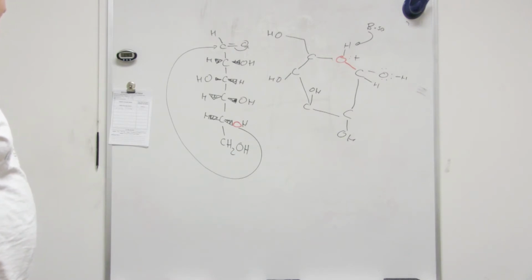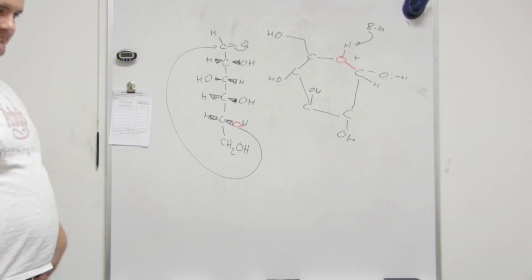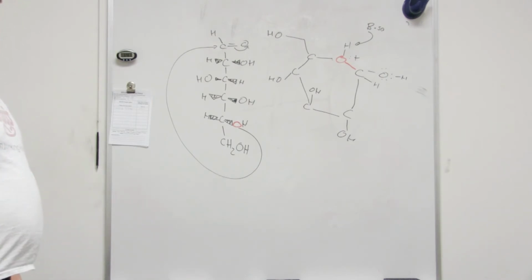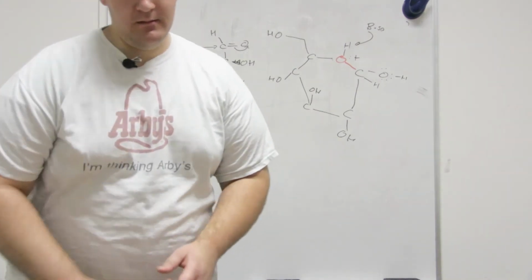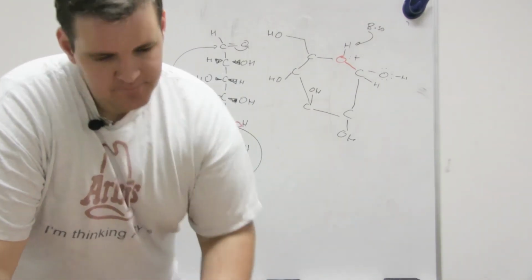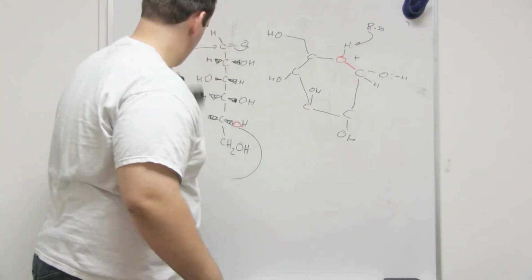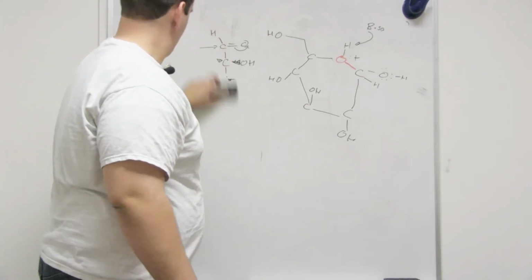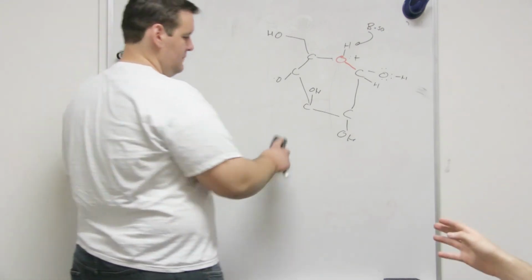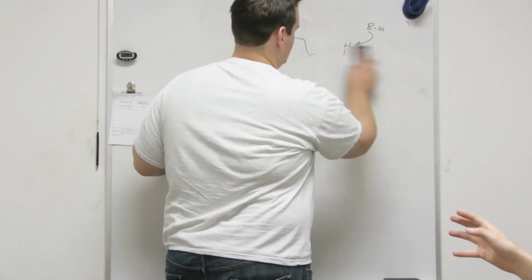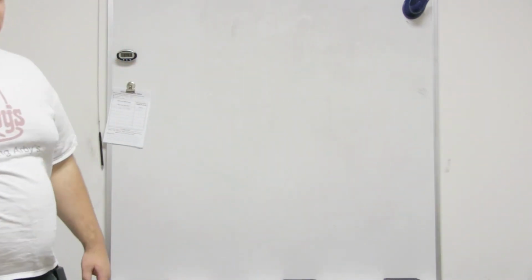I had a question. This is a pyranose ring, right? In OChem we were looking at 4 carbon and 5 carbon sugars, and sometimes they would become a furanose, sometimes a pyranose.